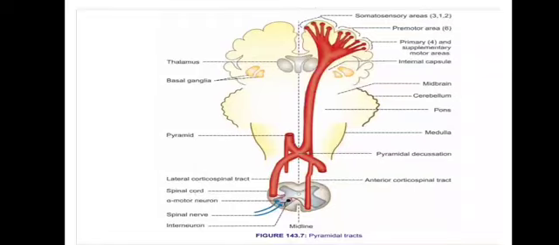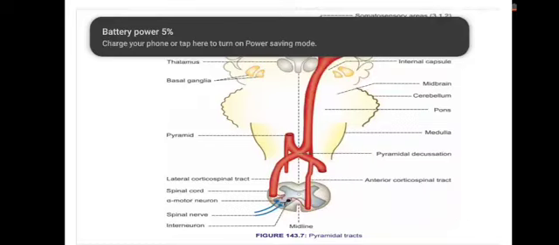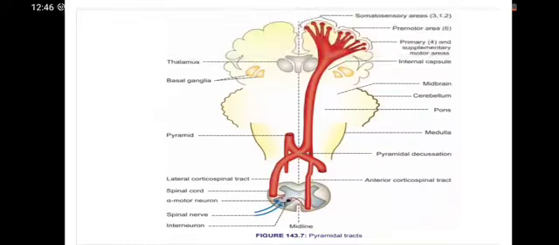The lateral corticospinal tract will then synapse with the alpha motor neuron or beta motor neuron in the spinal cord. The anterior corticospinal tract will then cross the midline, and it will also synapse with the alpha motor neuron and beta motor neuron either directly or through the internuncial neuron. This is the pyramidal pathway.